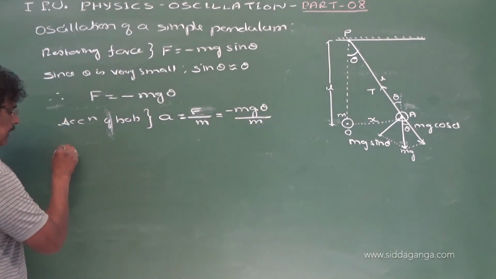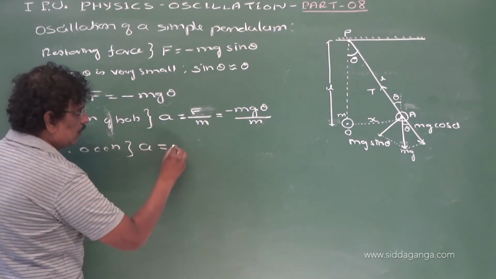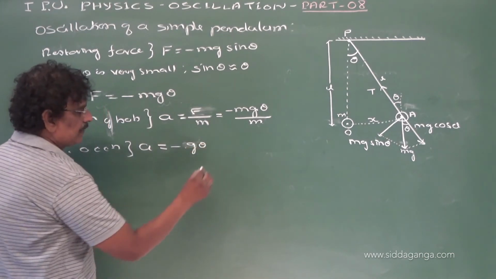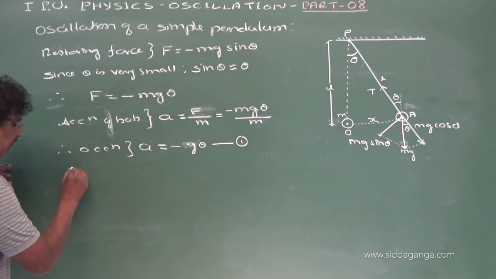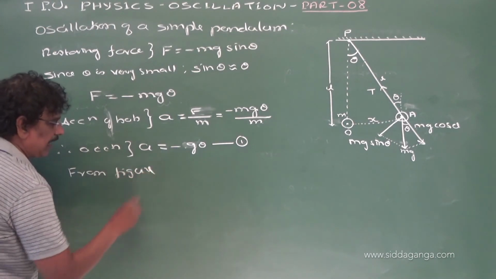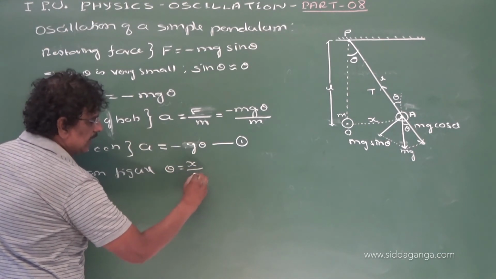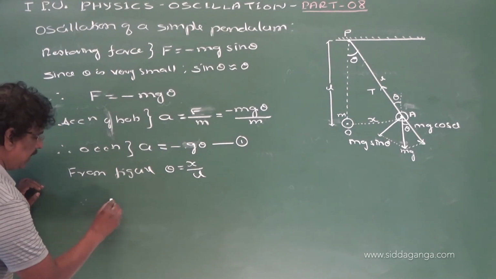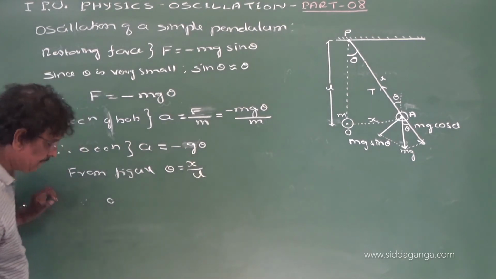Therefore, acceleration A is equal to minus g theta. From the figure, theta is x by L, so we take the equation like that.